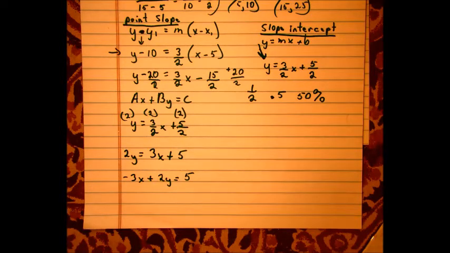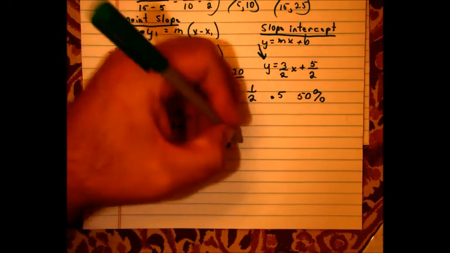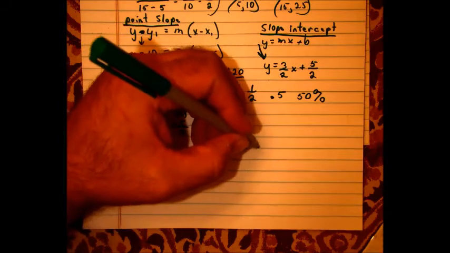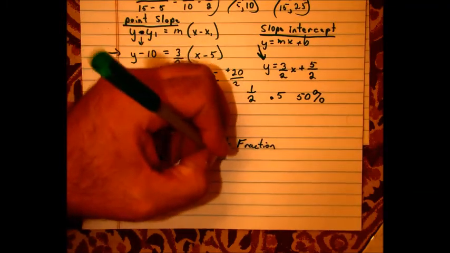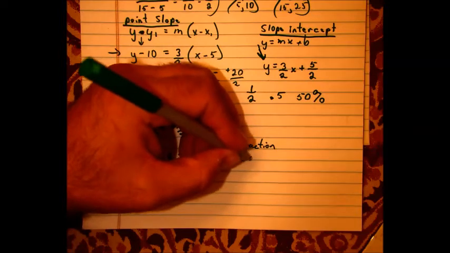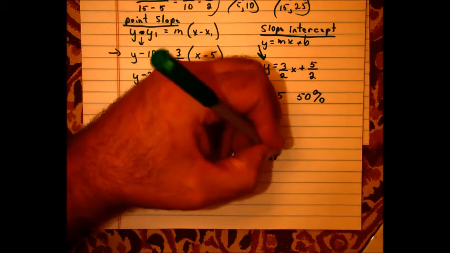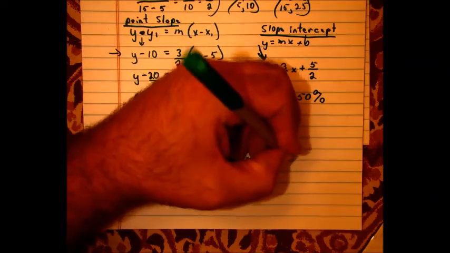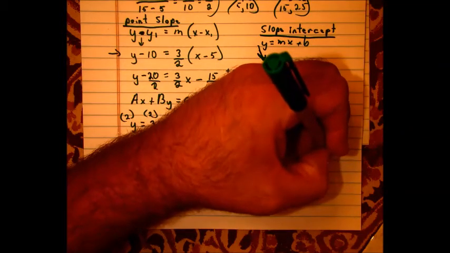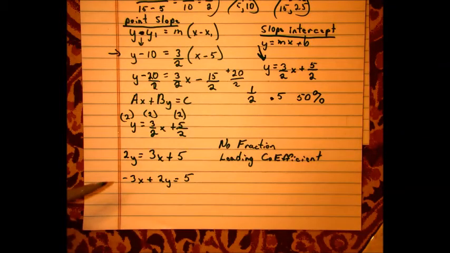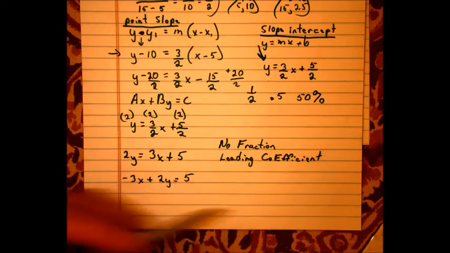So we have no fractions, and the leading coefficient, which means the one in front of the x, should be positive. Okay, so simple rule. If I change this sign, what do I got to do to all of them? Correct, change them all. So this becomes 3x minus 2y equals negative 5.